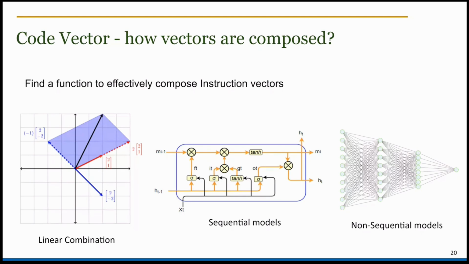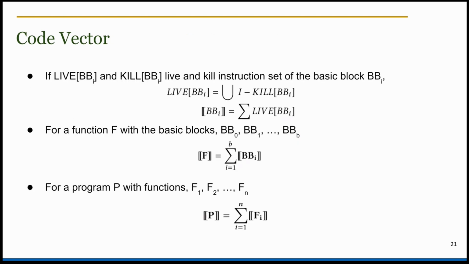Or we can put it into a machine learning model and allow it to learn these weights so as to get the representation. They can be sequential models, non-sequential models, or we can use attention networks, and so on. So in the paper, what we proposed was a rather simpler approach.